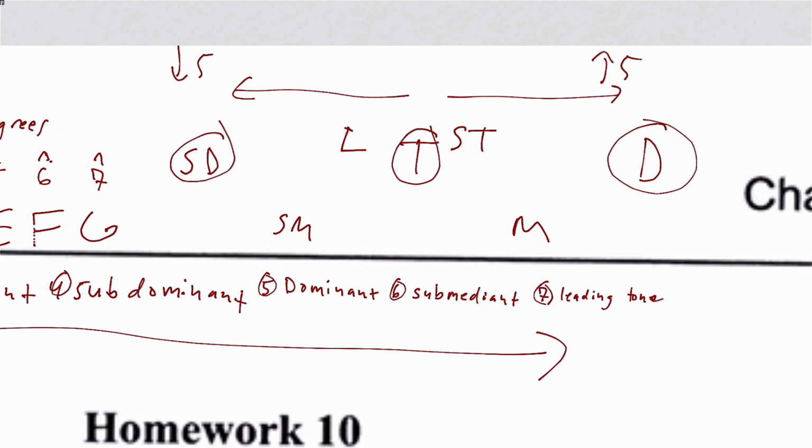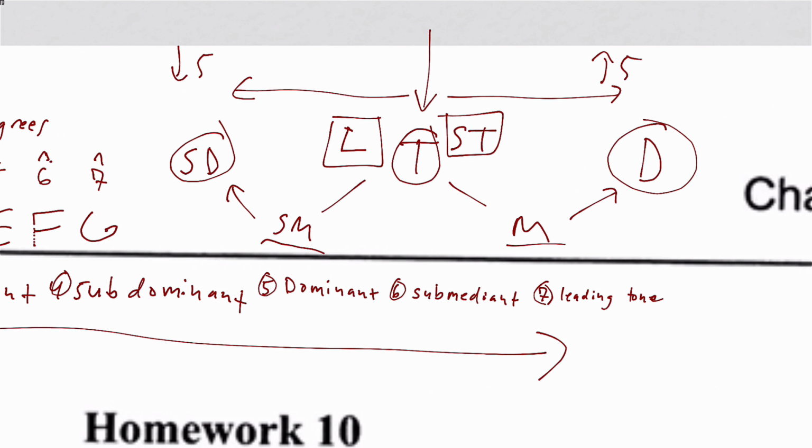And in between, middle way between them, we have the lower mediant, sub or lower mediant, and the regular mediant, middle way between tonic and dominant. Right before, we have the tone that leads in, and right afterwards we have the one that's right above the tonic. So everything is compared to this center point here, the tonic.